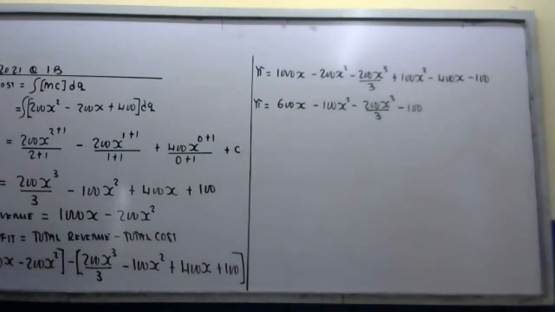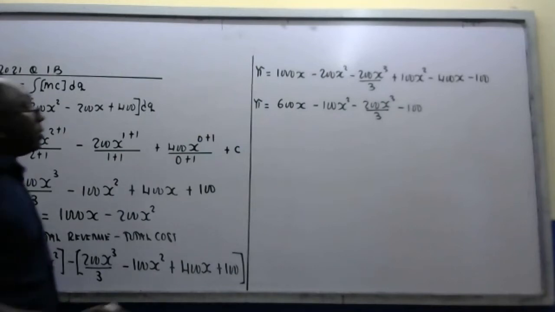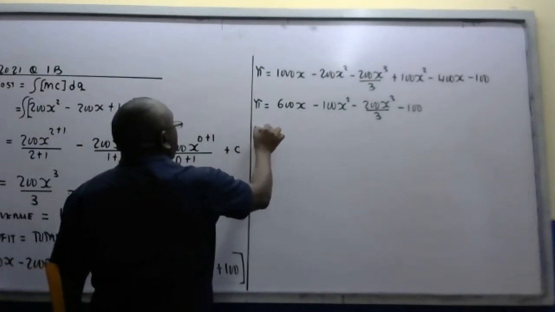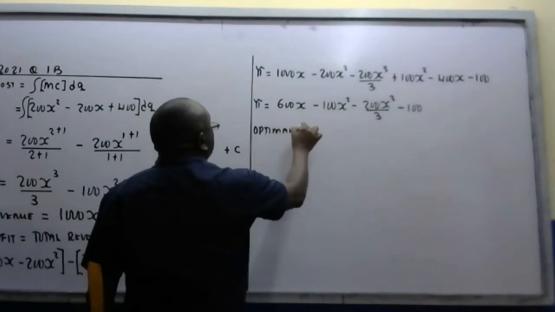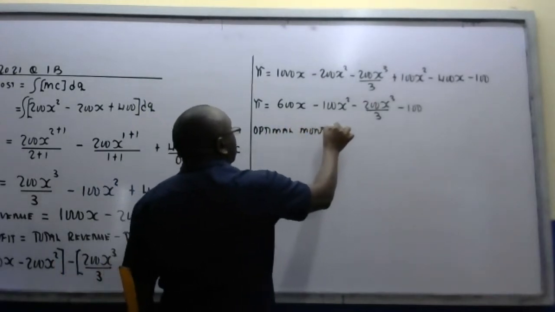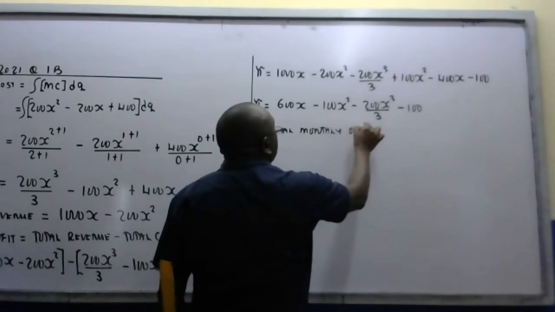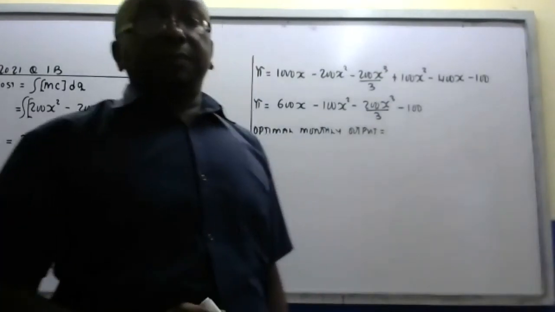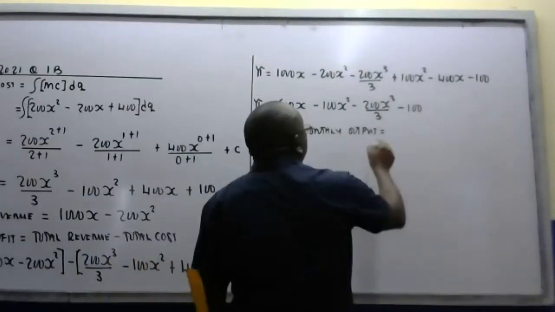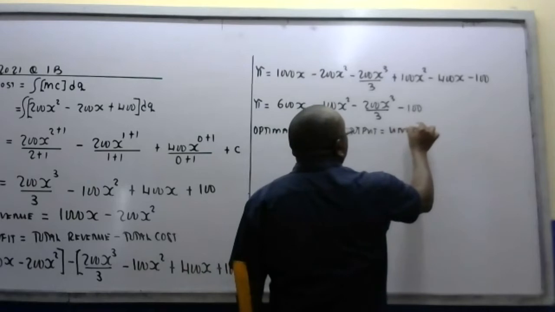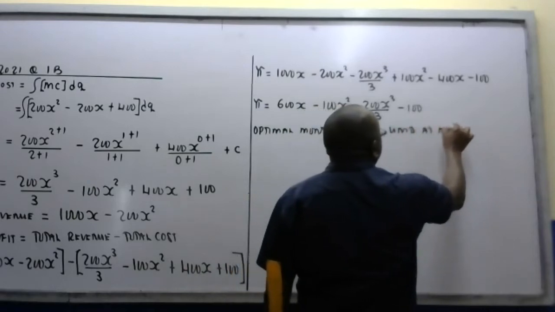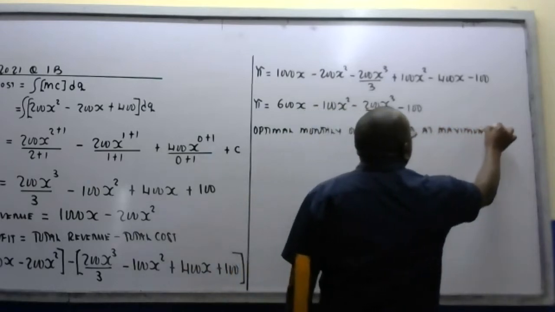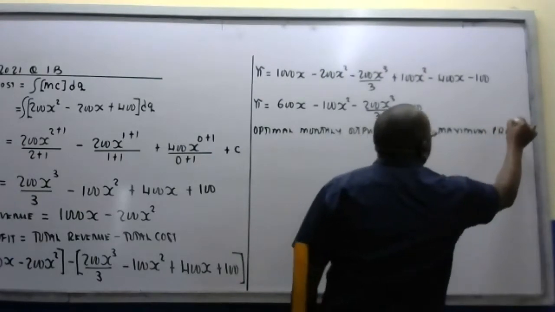The next requirement is optimal monthly output. Optimal monthly output is equal to units at maximum profit.